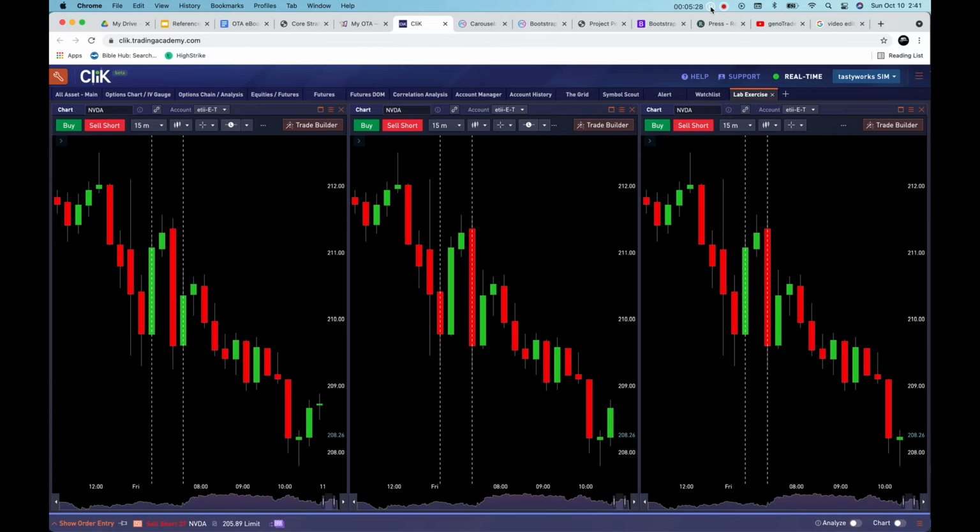All right, and the correct answer is chart number 3, rally, base, drop. Okay, we see price come down, it rallies up, bases, and then drops. Okay, so this would be our leg in candle. We have one individual base candle here, and then we have the leg out candle.